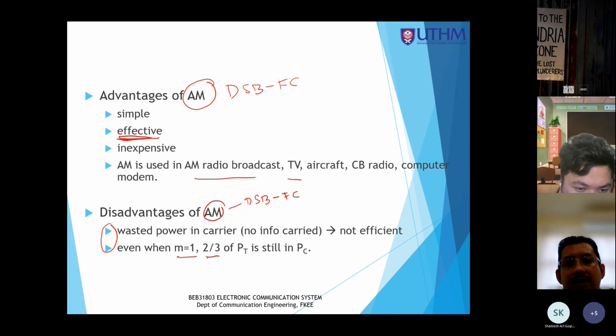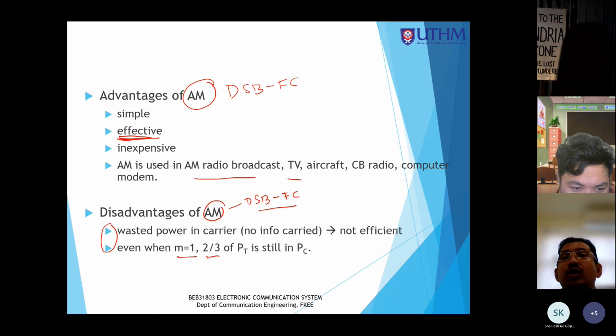Dia katakan di sini antara disadvantage of double sideband full carrier adalah dia membazir power yang dihantar. Seolah-olah you hantar lebih banyak power daripada yang diperlukan. Okay, contohnya signal itu sebenarnya 2 watt tetapi you hantar sebanyak 10 watt. So dia dikatakan membazir dari segi penggunaan tenaga.